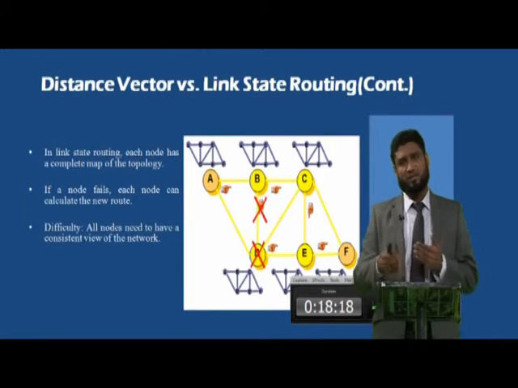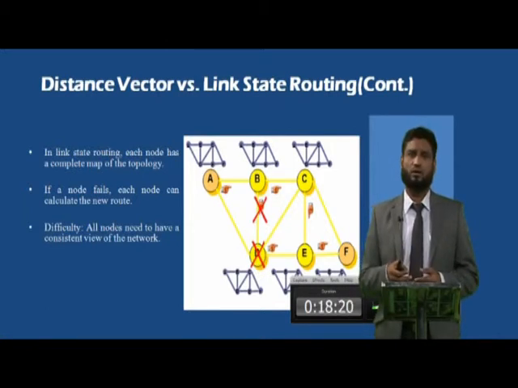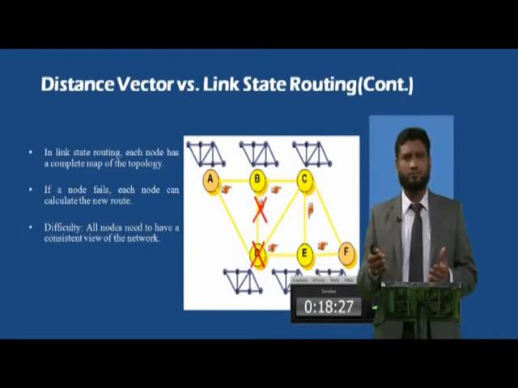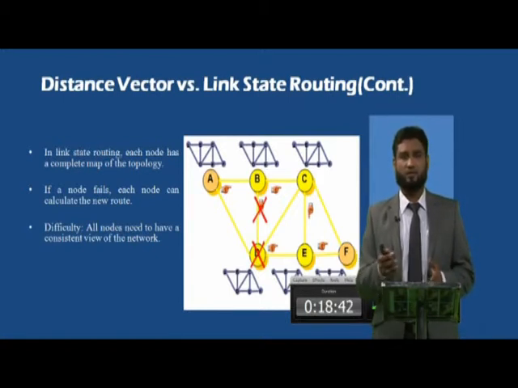So it depends on the scalability of the network, how much scale you are considering. If the network size is very large, of course we have to think about whether to use a distance vector or link state routing protocol. In this regard, link state routing protocols have good performance. Scalability is large; in large scale, it can deal with the total topology.